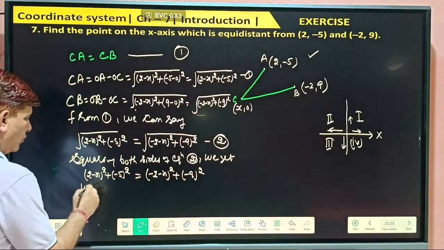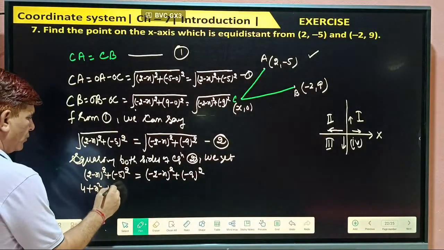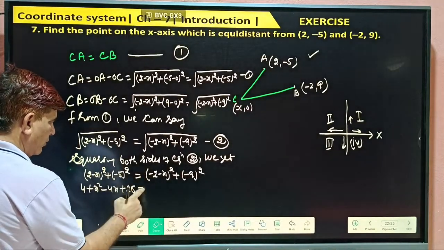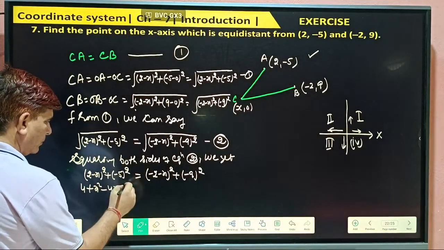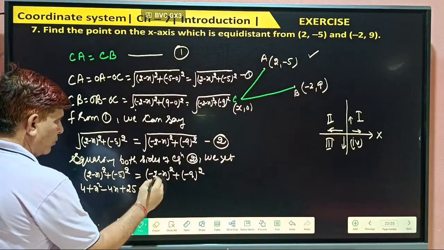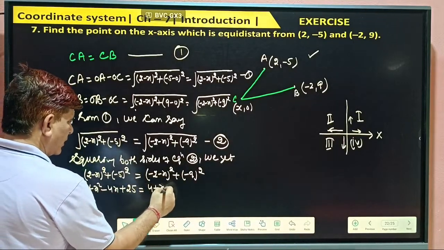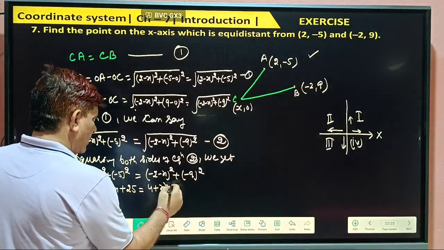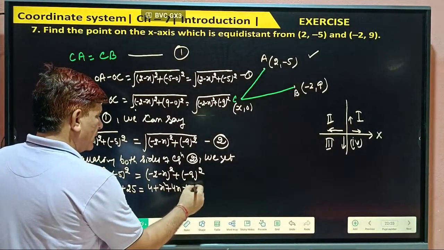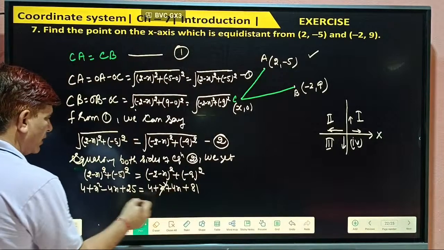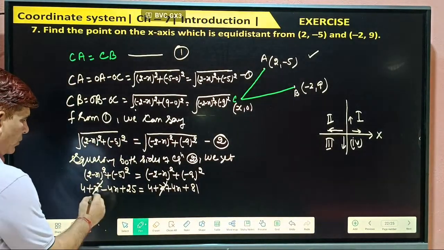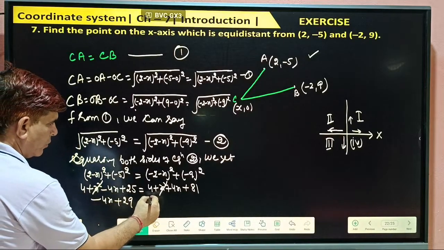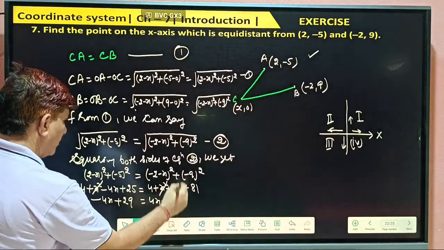Check one time: 4 plus x square minus 4x plus 25, and on the other side 4 plus x square plus 4x plus 81. Cancel this, so minus 4x plus 29 is equal to 4x plus 85.